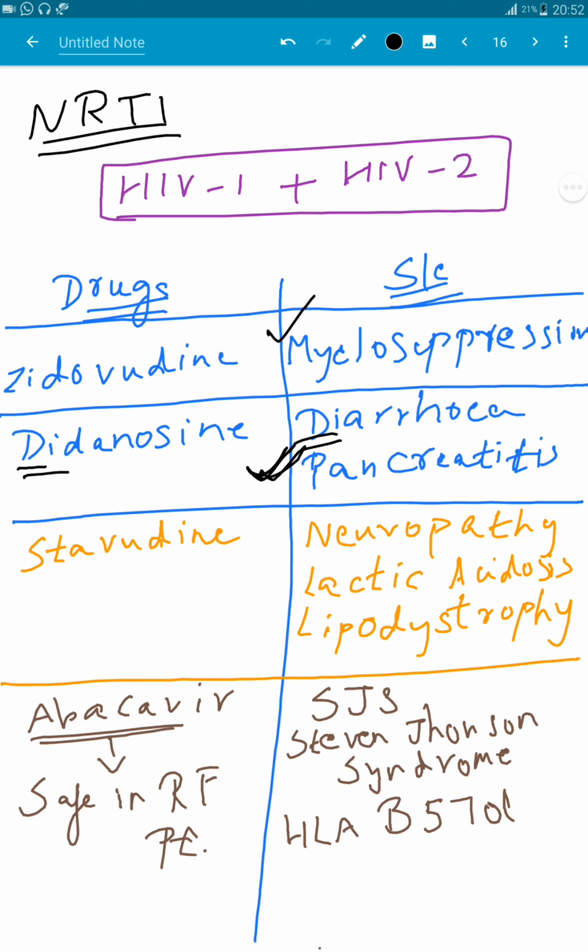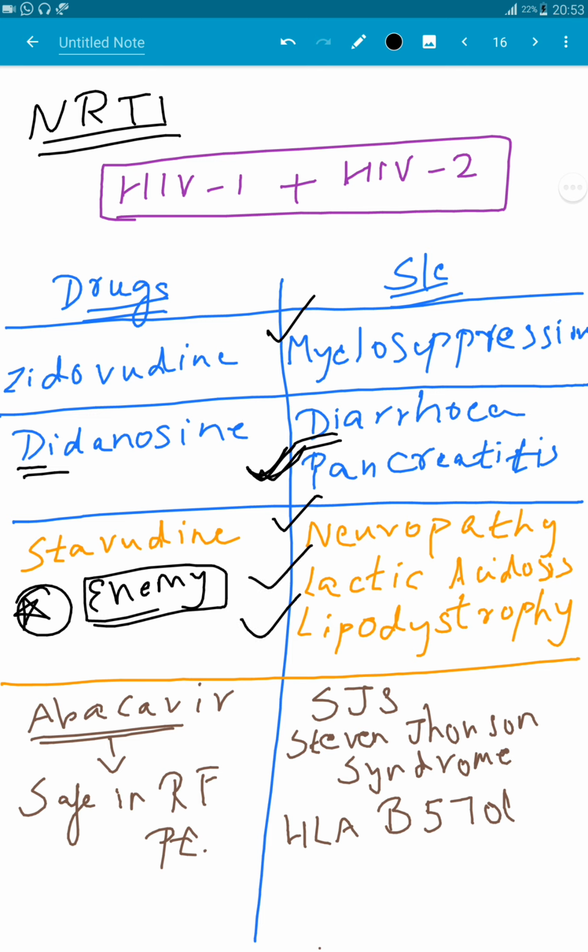And stavudine is a very important drug because it is the worst in side effects. The question will be asked as which drug causes severe neuropathy, stavudine; severe lactic acidosis, stavudine; severe lipodystrophy, stavudine. The antiretroviral drug which is worst is stavudine.